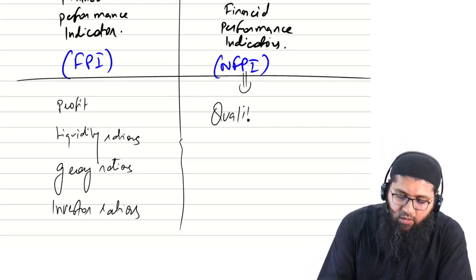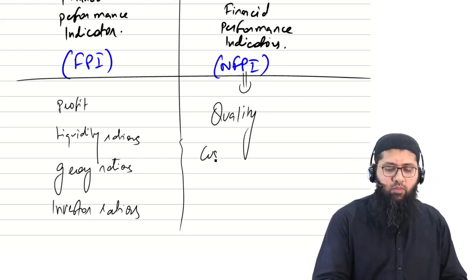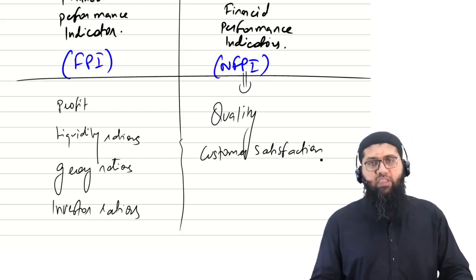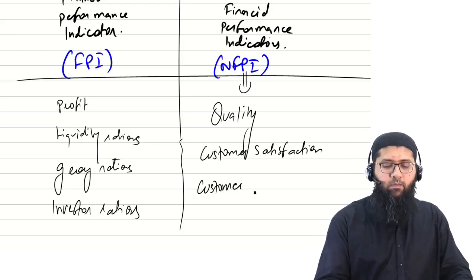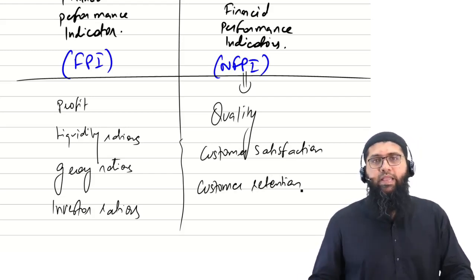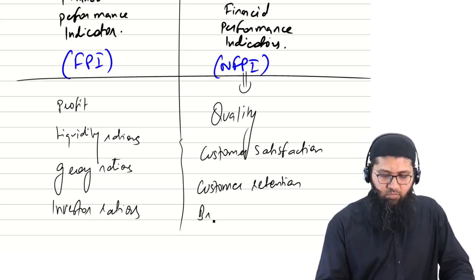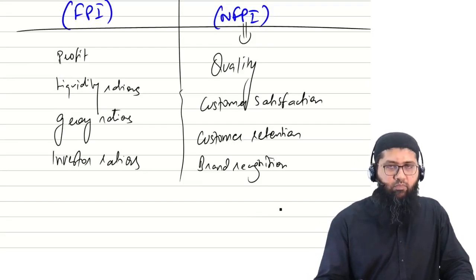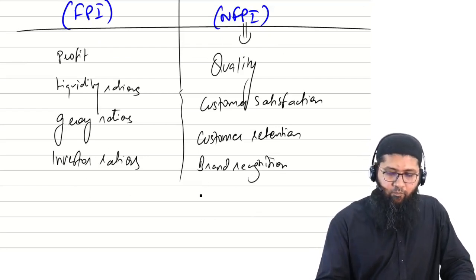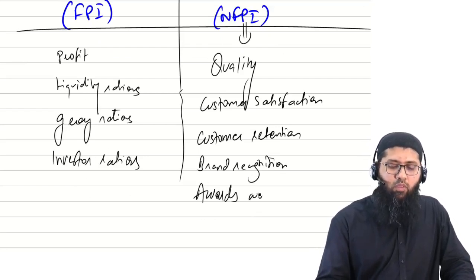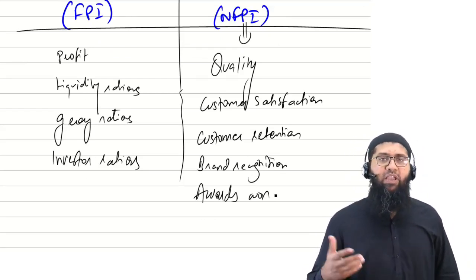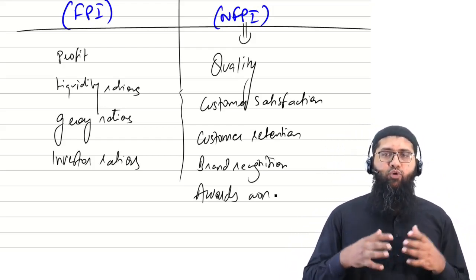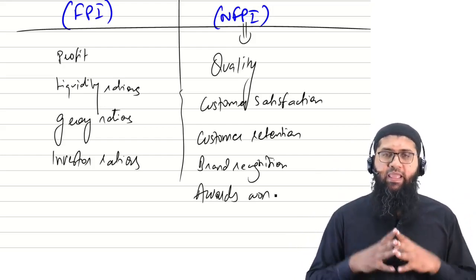For example, the quality of goods, customer satisfaction, customer retention, brand recognition, awards won, etc. There could be multiple things which are possibly not covered in the financial statements, and you could measure the performance of the entity from these perspectives.